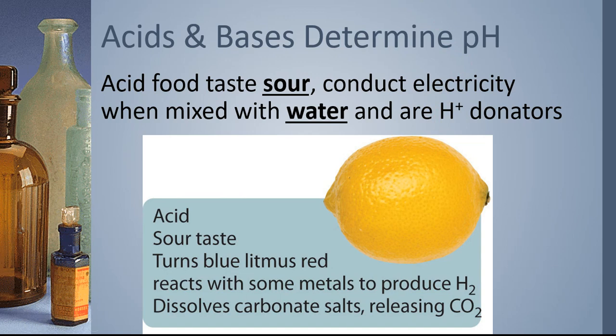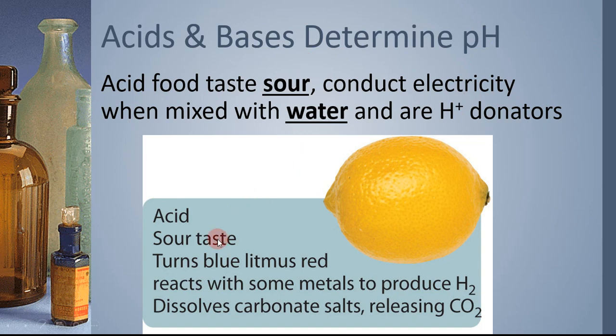For instance, with hydrochloric acid, HCl, it'll leave the electron with chlorine, giving chlorine a negative charge, that's a negative ion, and the hydrogen would be a positive ion. It's a donator. That's the reason why HCl is an acid, because the H separates from it, leaving its electron behind. And so a hydrogen ion donator is one of the definitions of what an acid is.